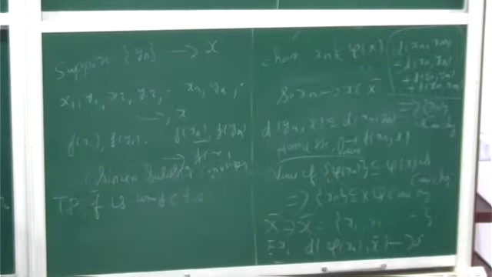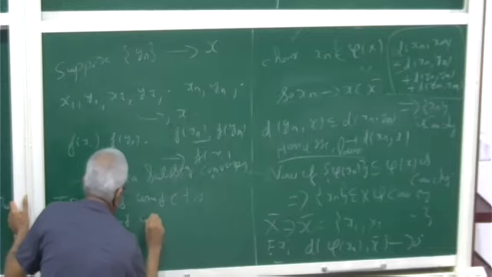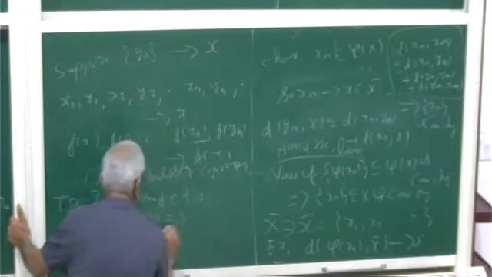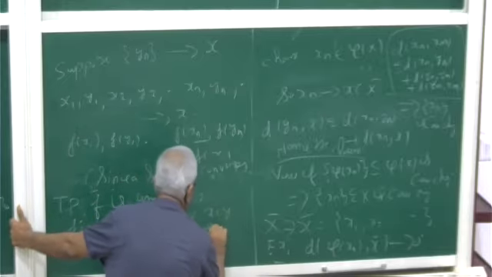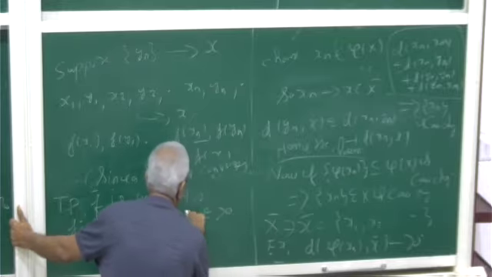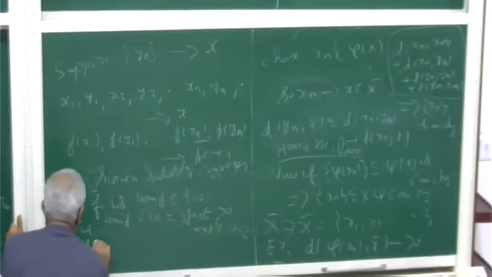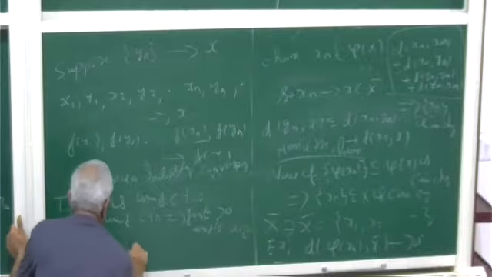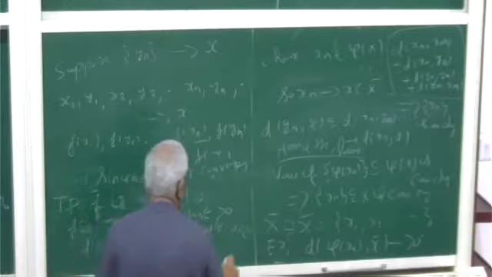Now first, f is uniformly continuous. That is given. That implies for all epsilon greater than 0, there is a delta such that for all x, y in A, d(x,y) less than delta will imply d of f of x, f of y is less than epsilon.